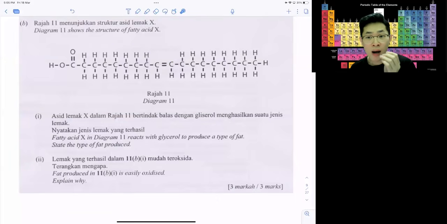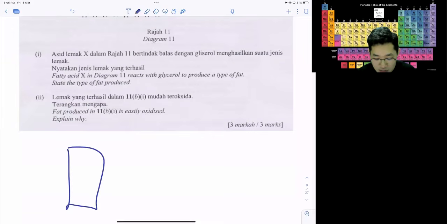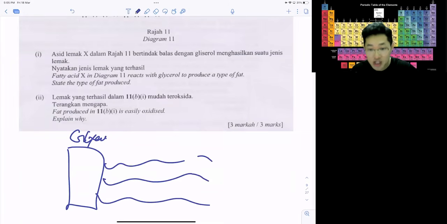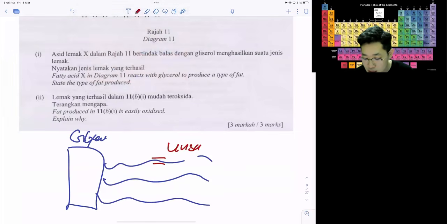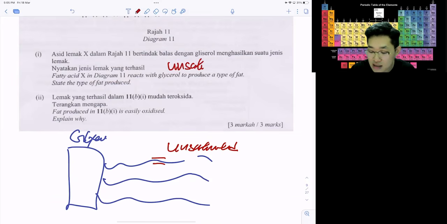What is it called? Unsaturated. Yes. So when glycerol is something like this, and the fatty acid has double bond, that means unsaturated, combined with glycerol, then the fats produced will be unsaturated fats.